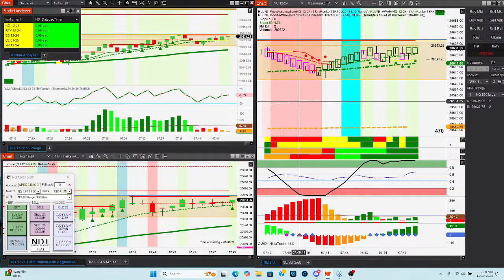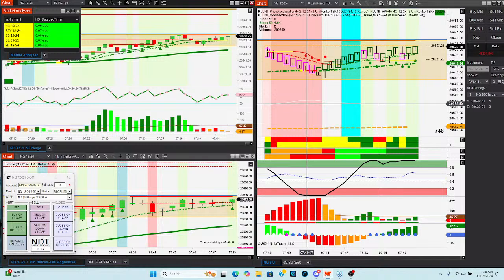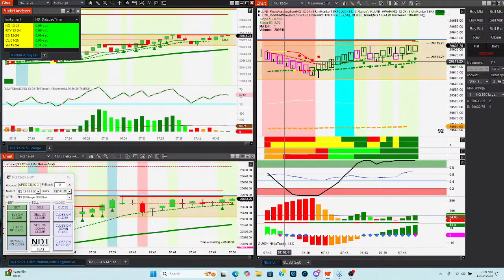Well, the reason I trade NQ in this room is because, one, I like NQ. I have a difficult time trading multiple charts. I think you can only look at one thing at a time.